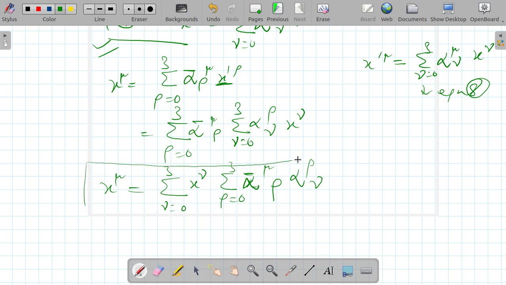So this is equation number 17. And this is possible if and only if this looks like a delta function.